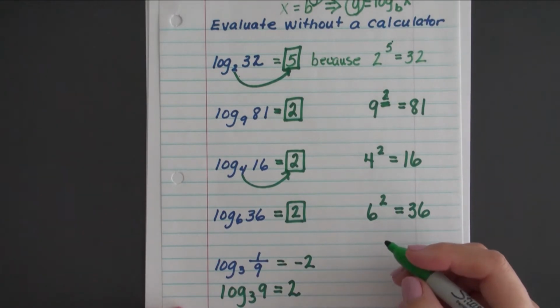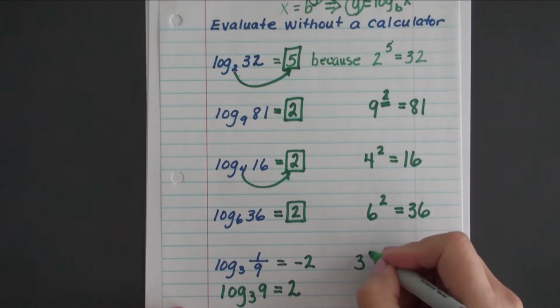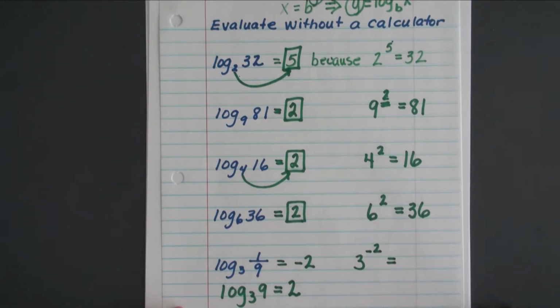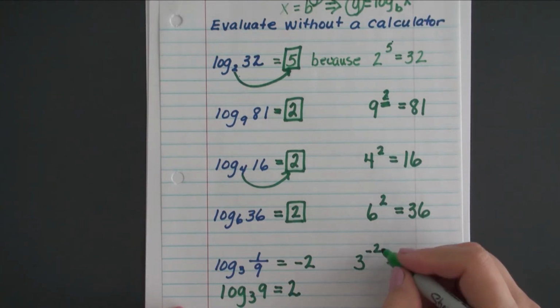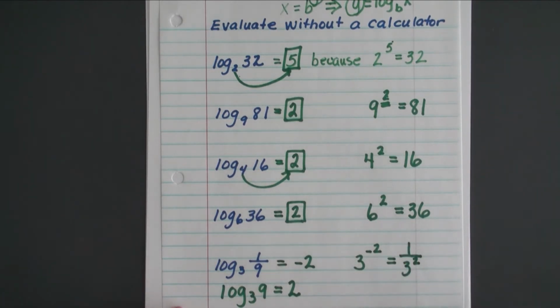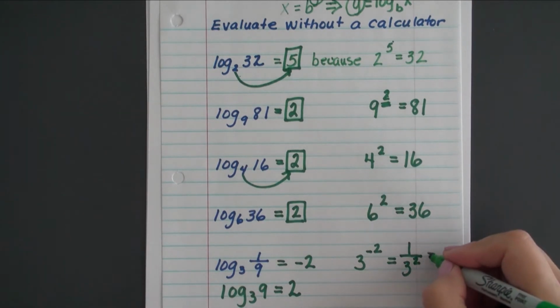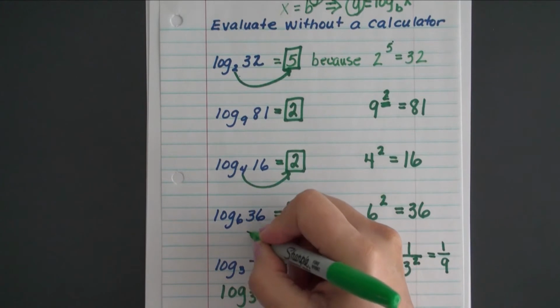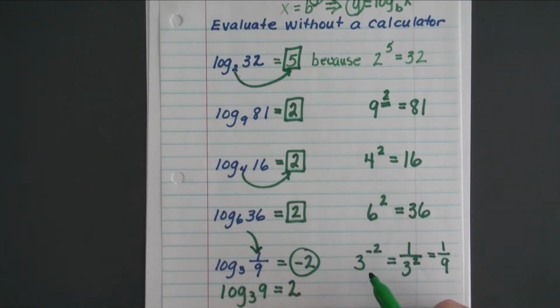You have to remember that when you take a number to a negative power, 3 to the -2 is the same thing as 1 over 3 to the positive 2 power, which equals 1/9. So if you have a fraction here, assume that your answer to the logarithm will be negative.